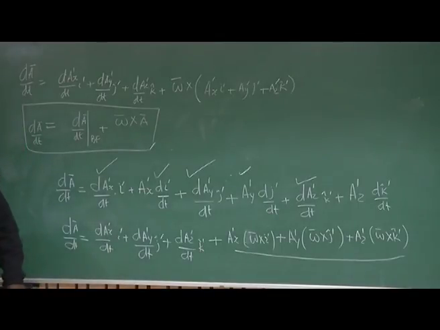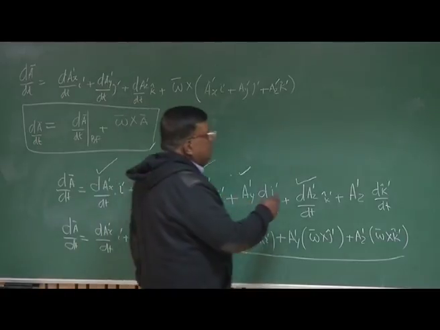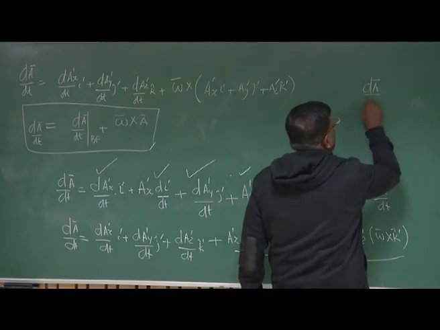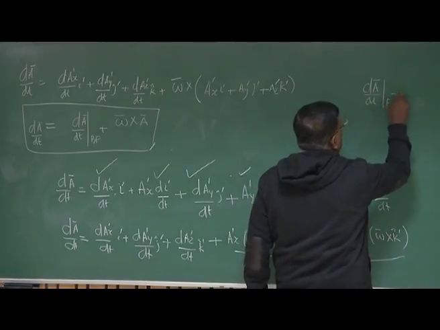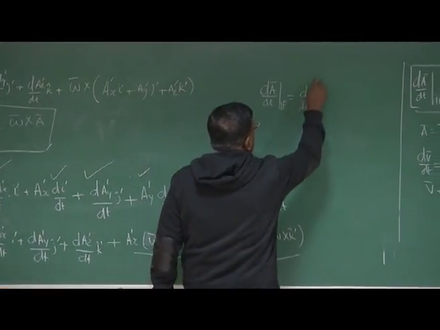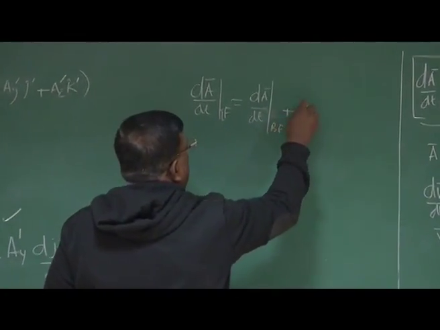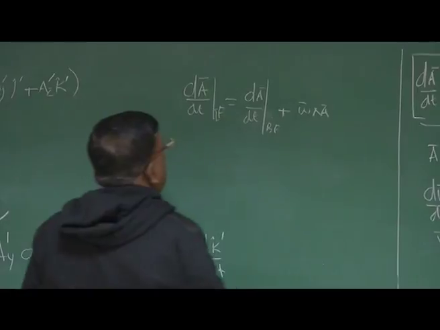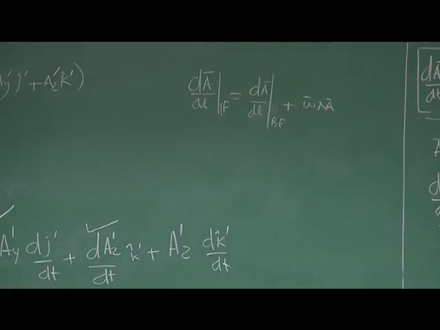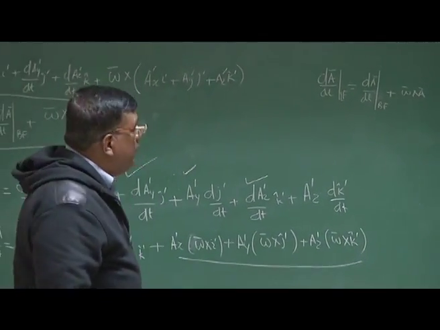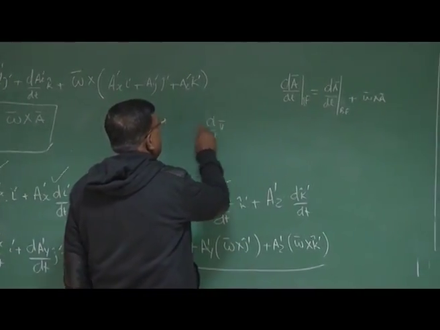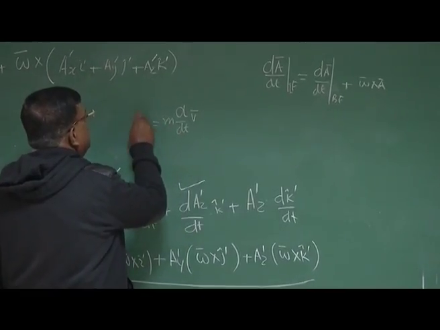So what we have understood is very simple now: dA by dt in the inertial frame is equivalently, I can work in the body frame. In the body frame, I have to add omega cross A. So in our problem, we have vector differentiation which demanded it should be done in the inertial frame. One was d by dt of mv, m dv by dt, that was the external force.